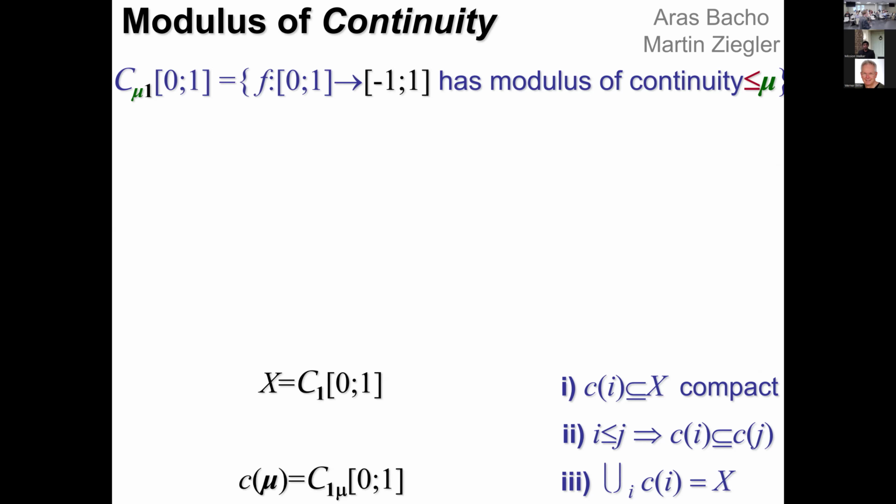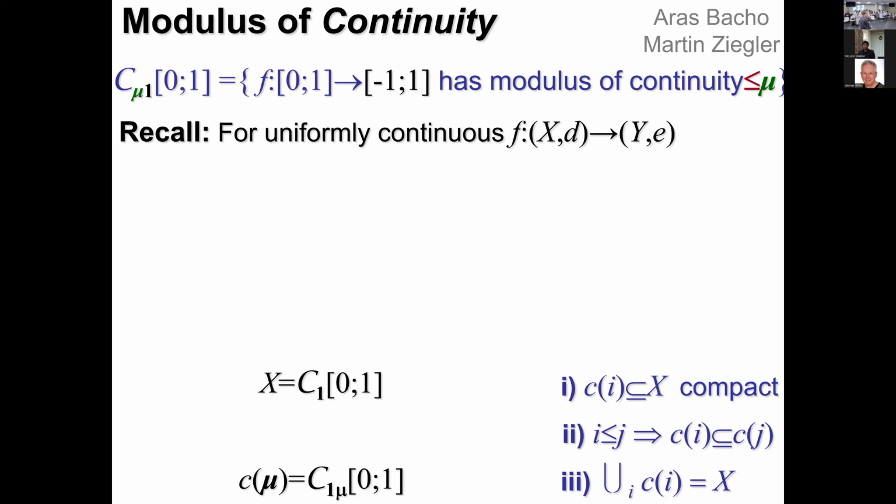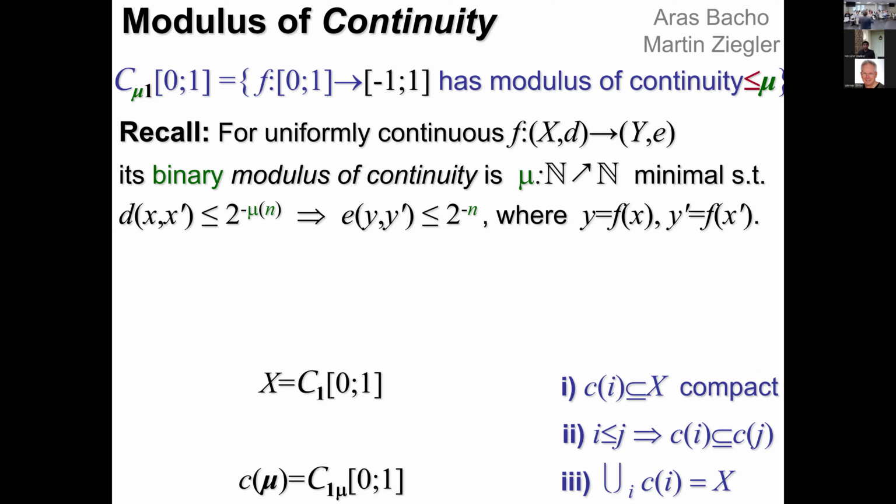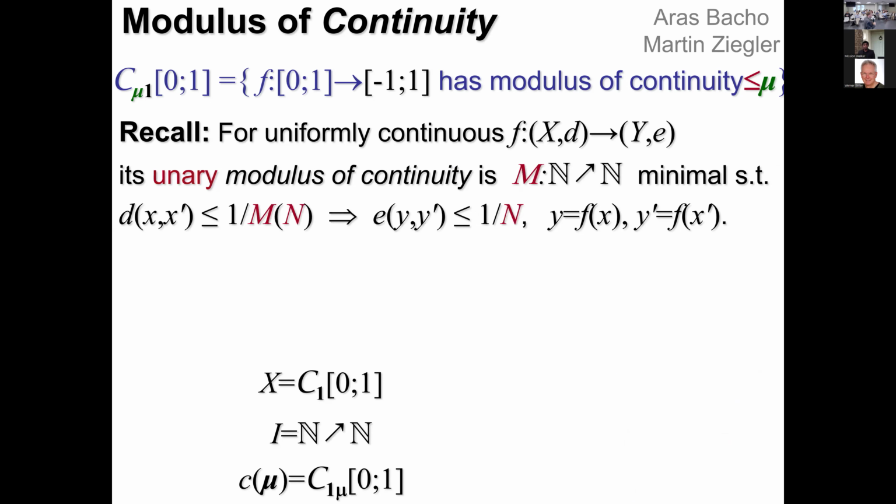Let me recall what a modulus of uniform continuity is. It's a kind of schematization of the epsilon-delta definition of continuity. It says if the arguments are sufficiently close as described by the modulus, then the values are guaranteed to be sufficiently close. This is again in the binary setting, everything to the power of 2 or 1 over 2. And this is a well-known notion. There's also a unary counterpart, where we have error 1 over n.